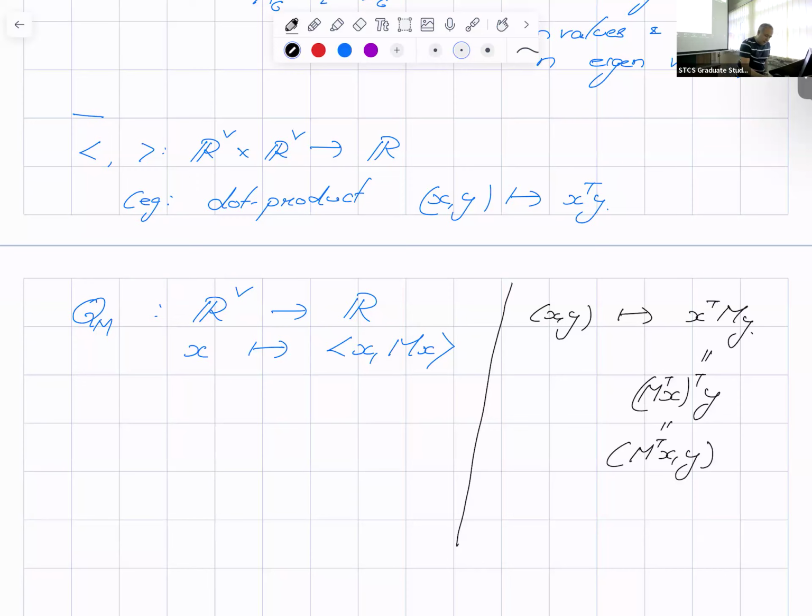More generally, for an arbitrary inner product, we can define the notion of an adjoint.